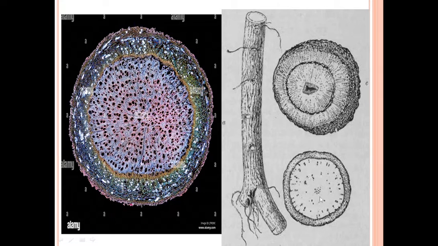The root will not show any radiate appearance, but here you can find radiate appearance, which is absent in the transverse section of root. The wood consists of scattered groups of vessels, tracheids and fibers.